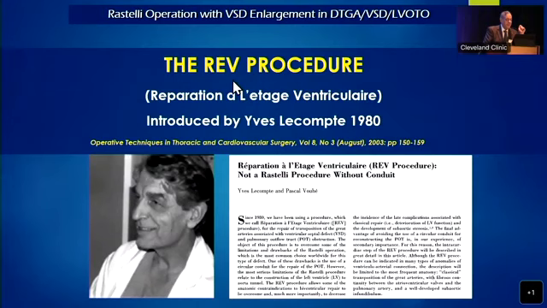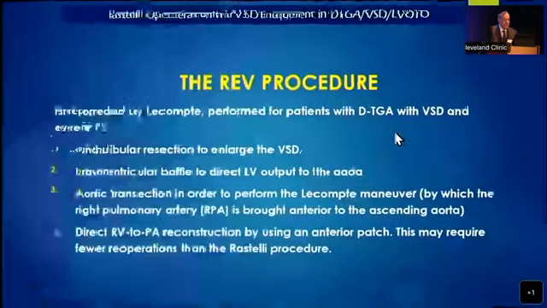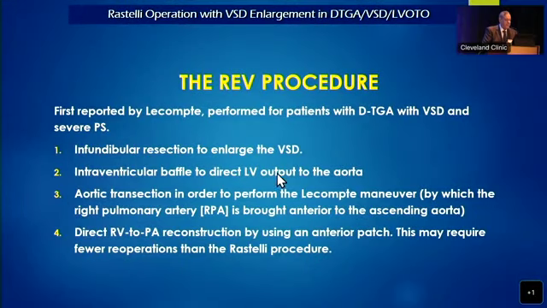The REV procedure, in French Réparation à l'étage ventriculaire, was introduced by Yves Lecompte in 1980. The principle is to do an infundibular resection to enlarge the VSD, use a baffle to close the VSD to the aorta, and then translocate the pulmonary artery anterior to the aorta, performing the Lecompte maneuver, with direct RV to pulmonary artery reconstruction using an anterior patch.